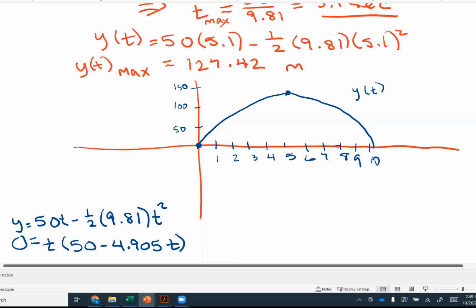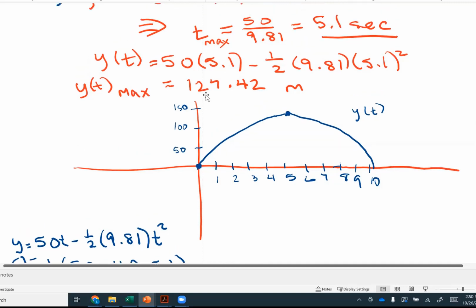It's the axis of symmetry. If I have one of my t's at 0, which is what that says, if I divide the other one, we can see that 50 divided by almost 5 is going to be about 10. It should be about 10.2. That's how I found my other intercept. And that is the graph of the function.